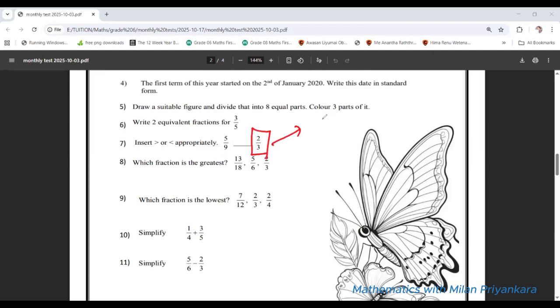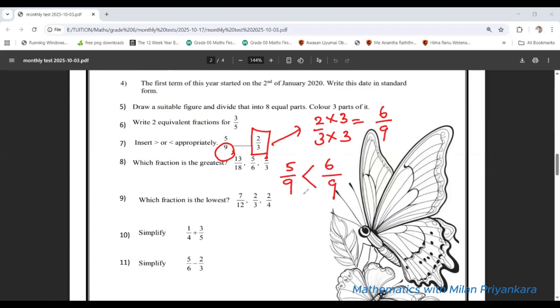If you take 2 over 3, we multiply by 3, because then we can make it 9. We multiply the numerator also by 3 and you get 6 over 9. Now you have 5 over 9 and 6 over 9. Which one is greater? Obviously, 6 over 9 is greater.